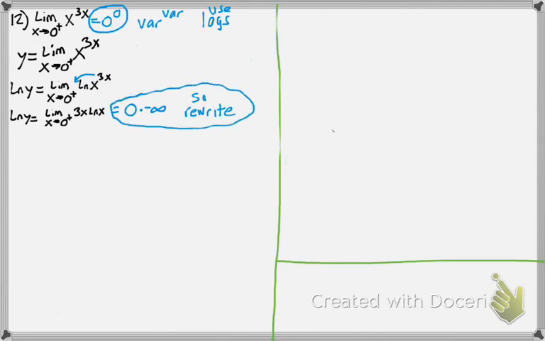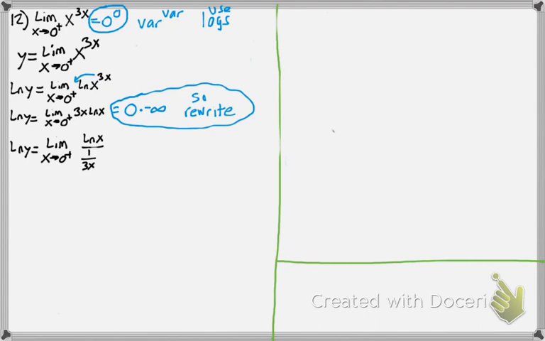We keep getting these indeterminate forms, but we don't want to keep them in that particular form. So I'm going to rewrite it as ln of y is equal to the limit as x approaches 0 of ln of x over 1 over 3x.